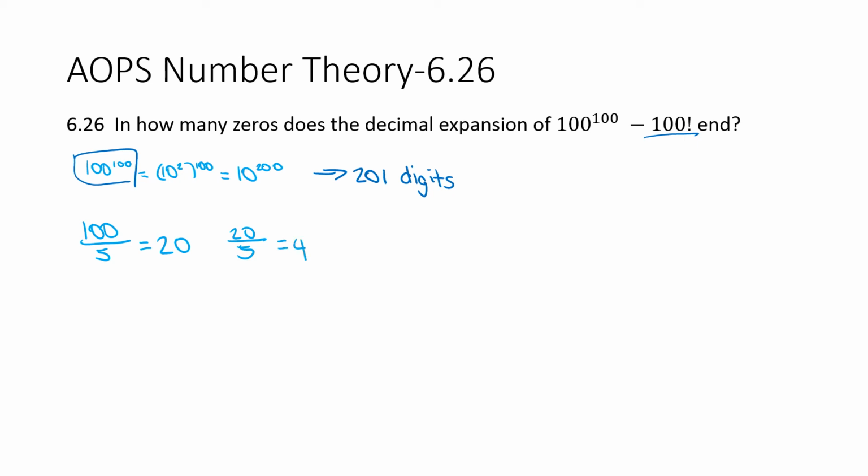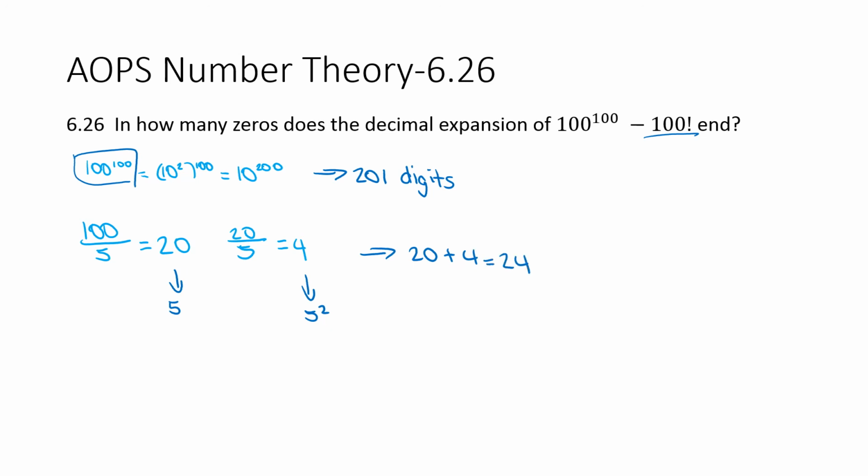So there are 20 multiples of 5 from 1 to 100, and 4 of those are multiples of 5 squared. So in total, there are 20 plus 4, which is 24 terminating zeros.